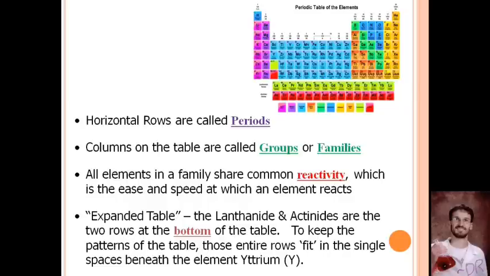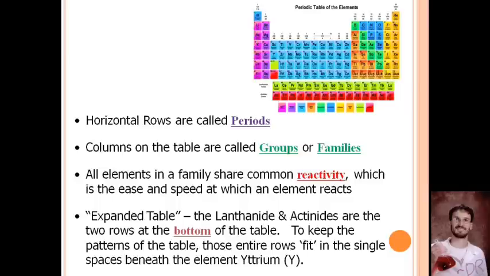I will call them both of those things, but probably most often periods. A period on the periodic table goes this direction, starting here at K, or potassium, and all the way across to Kr, or krypton. Those are in the same period.